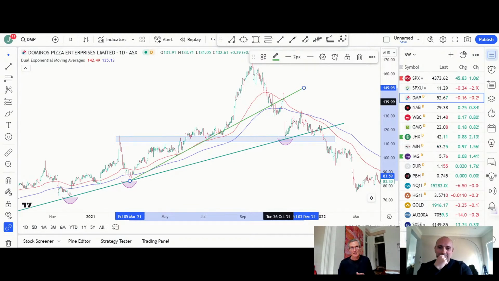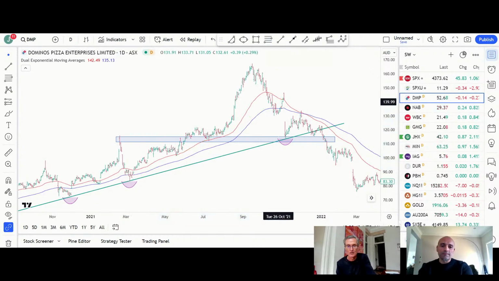I think the beauty of the moving average is it's going to be consistent and it's not left to discretion. Yeah. Trend lines, there's a lot of discretion. If you've got that clear-cut one like we have with the 4 points, that's all good.